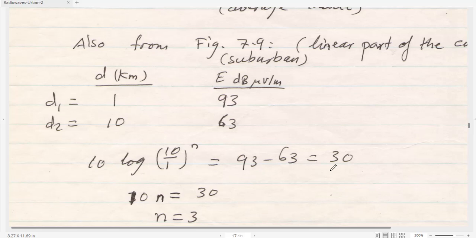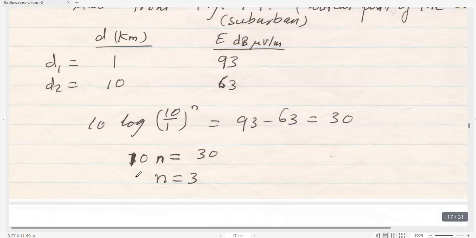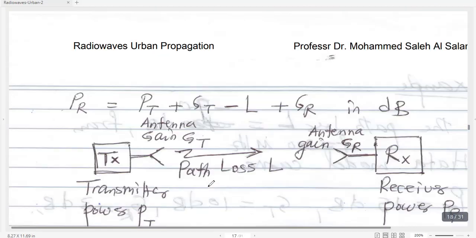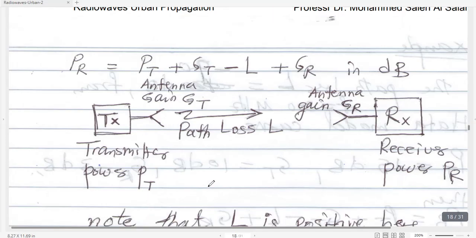So this is 30, and 10 over 1 is 10, log of 10 to the power n is n, so 10n equals 30, so n equals 3. This is the exponent of the power law.